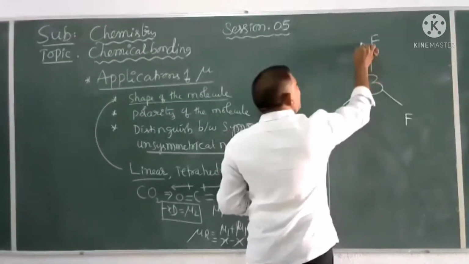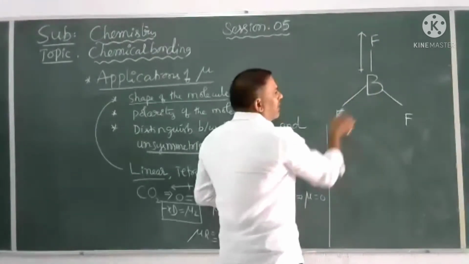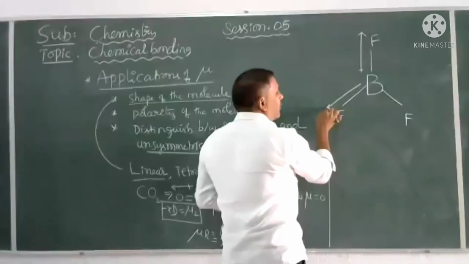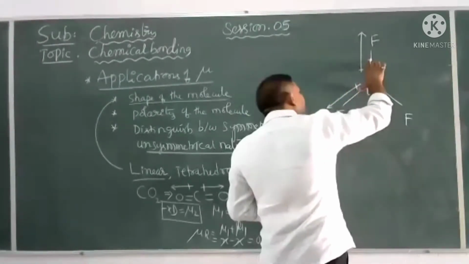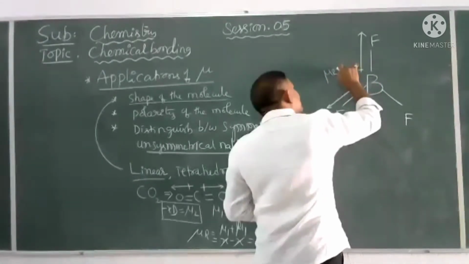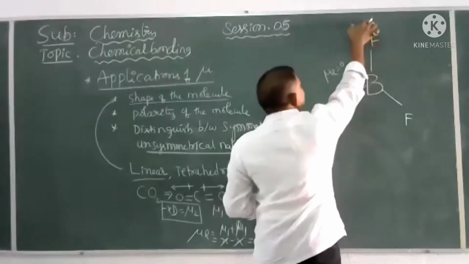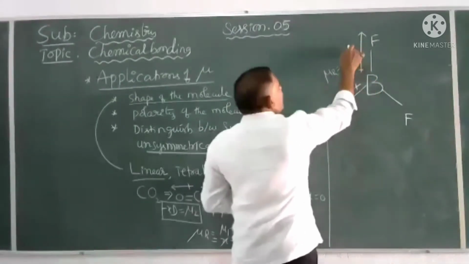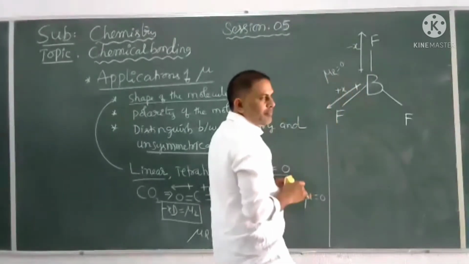From boron to fluorine, there is a certain moment. This is the dipole moment. And also from boron to the other fluorine, there is a dipole moment. So connecting these two, the net resultant dipole moment mu r is equal to 0, because they are equal and opposite in direction. This is in this direction, this is in this direction. If it is minus x, it is plus x. Resultant is 0.